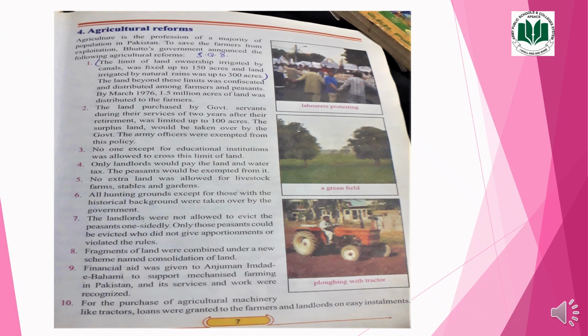Fragments of lands were combined under a new scheme named Consolidation of the Land. Then financial aid was given to Anjuman-e-Imdad Bahimi to support mechanized farming in Pakistan. Similarly, for the purchase of agricultural machinery like tractors, loans were granted to the farmers as well.